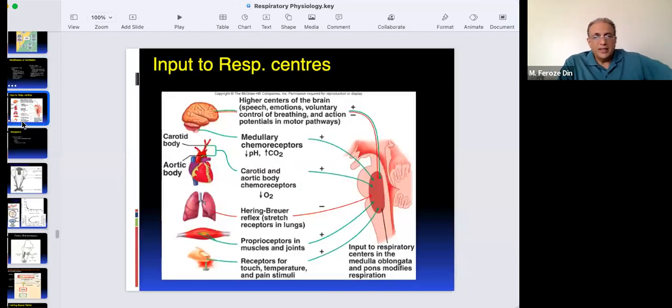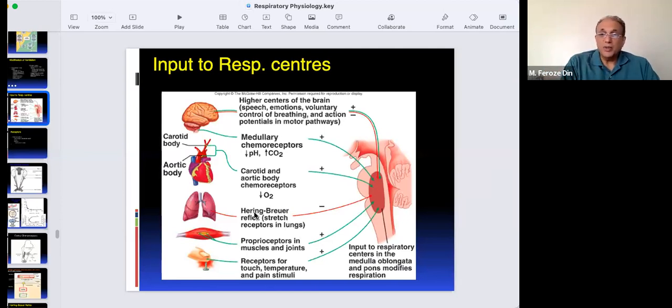So here it is that not only do we have these higher centers where we have speech and emotion and voluntary control of breathing, but there are other receptors which influence it. Number one, the stretch receptors in the lungs inform the medulla of the relative stretching of the lung and the chest.